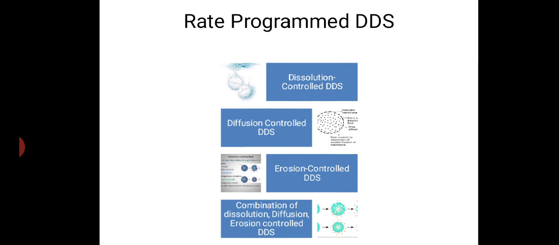In the last class, we learned two different types of controlled release drug delivery system, developed based upon the reservoir as well as the matrix system. In the reservoir system, the core tablet is coated with a rate controlling polymer, and the rate controlling polymer acts as the reservoir membrane.